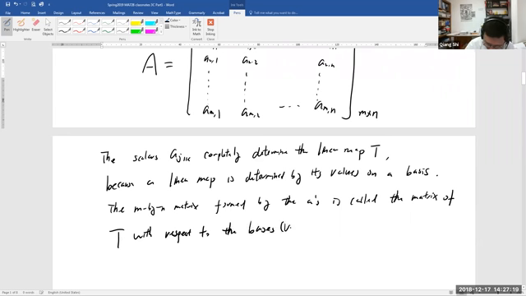Well, we have two bases here, right? One is the basis in the vector space V, and the other is the basis in the vector space W. And we introduce the notation, so we denote this matrix by this notation.